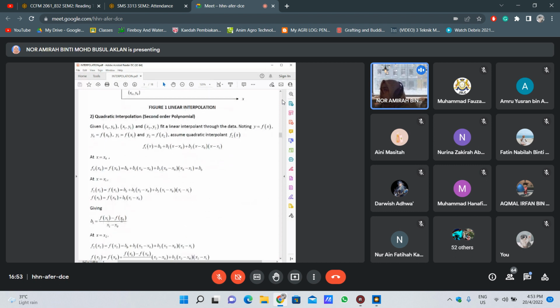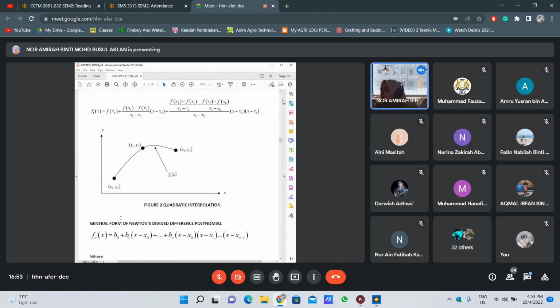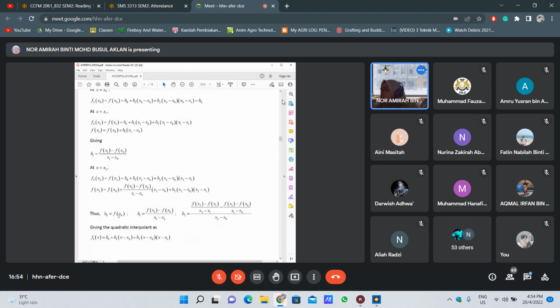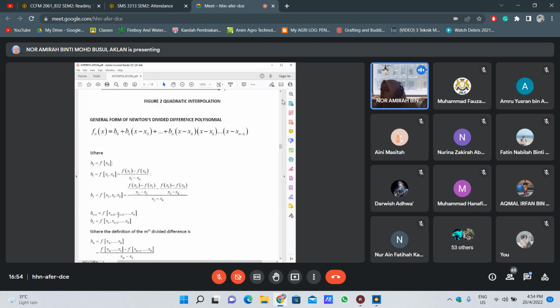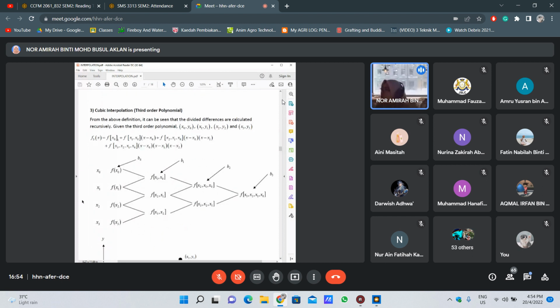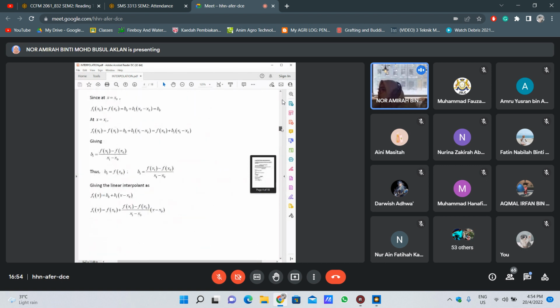And the third one is cubic interpolation, third order polynomial. So we have the example. So kita tengok first lah, hari ni sempat yang first dia lah kot.